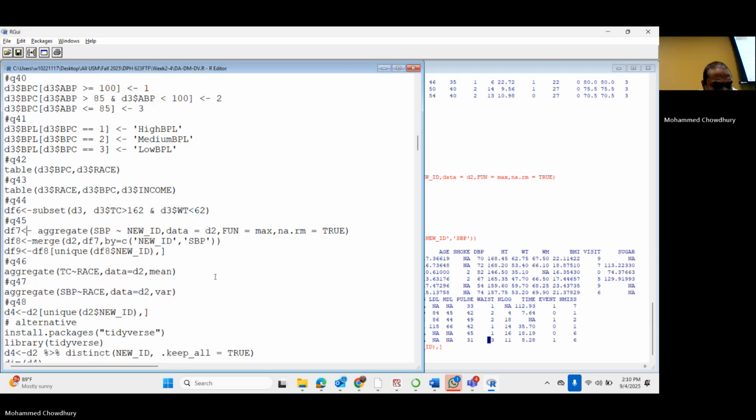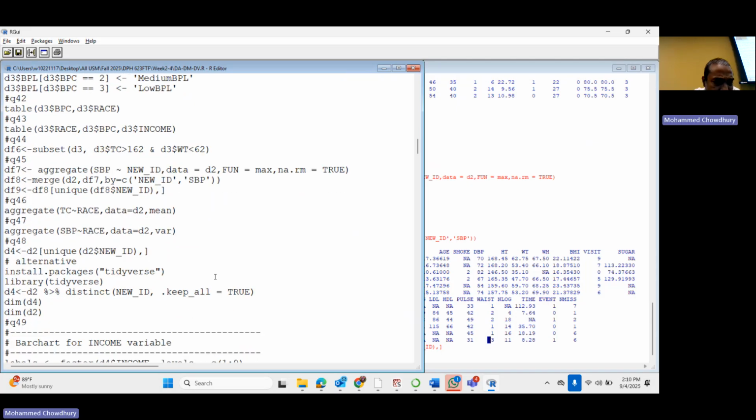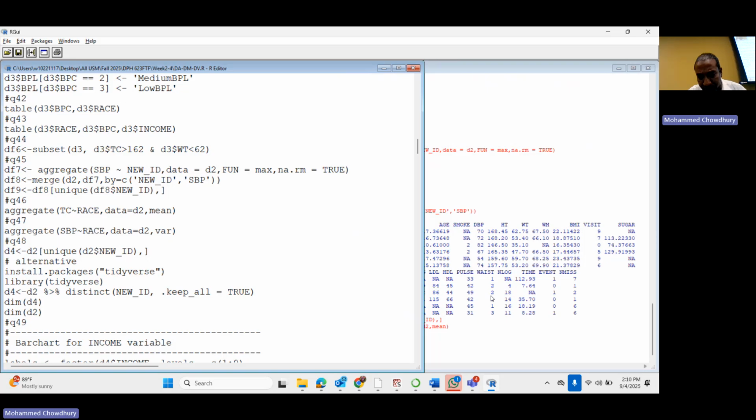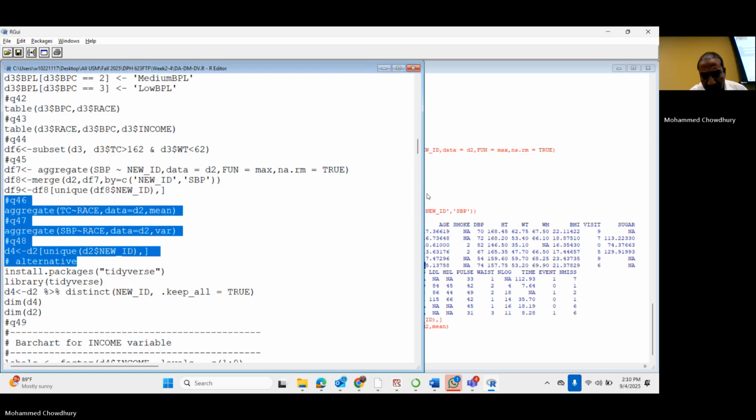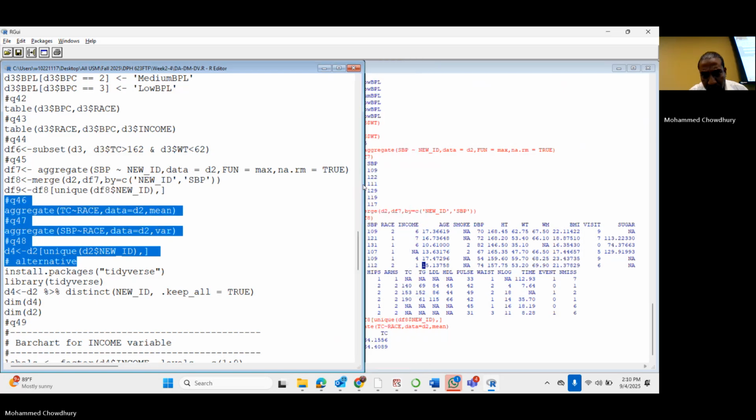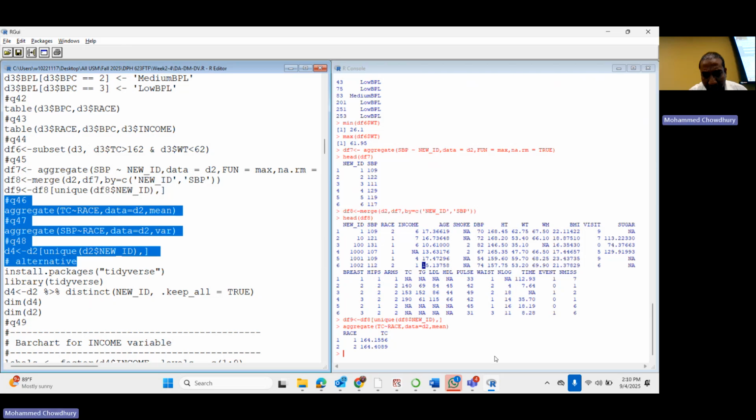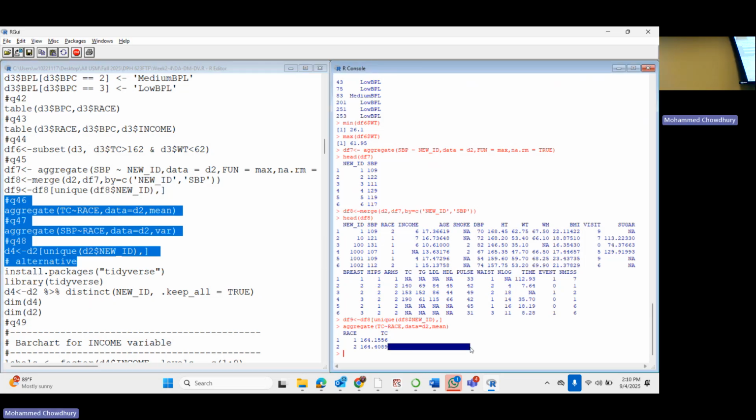Okay. Now question number 46 is asking you to find the mean of the total cholesterol variable by race. Race has African American and Caucasians. If I run this, you will see these things. Okay, so what does this aggregate mean?